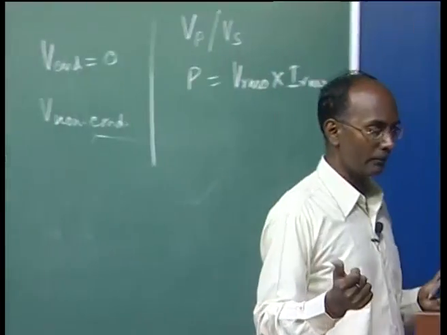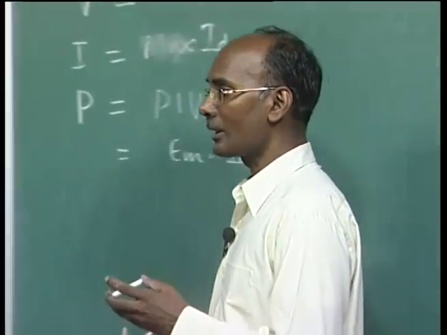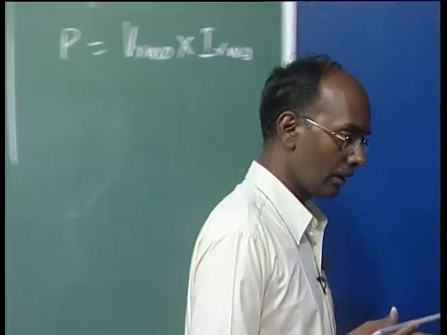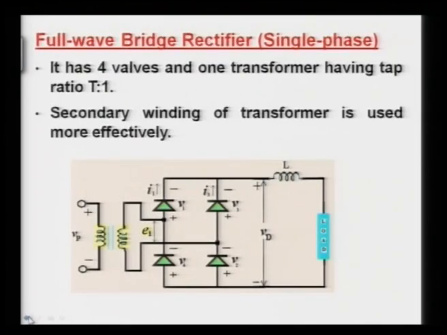So, the single phase bridge rectifier is used for high voltage application, where the peak inverse voltage is one of the limiting factors. But for high power application, the previous full wave rectifier is also sufficient. Another advantage is that in the single phase bridge circuit, the transformer is properly utilized.